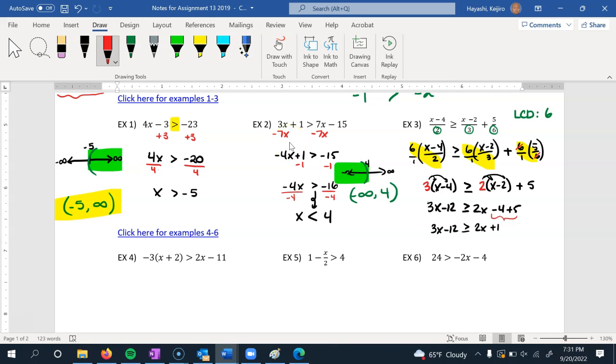I want my variables on the left, preferably. So I'm going to subtract 2x from both sides. 3x minus 2x, that's going to give me x. So right now I have x minus 12 is greater than or equal to 1. I'm now going to add 12 to both sides. And that's going to give me x is greater than or equal to 13.